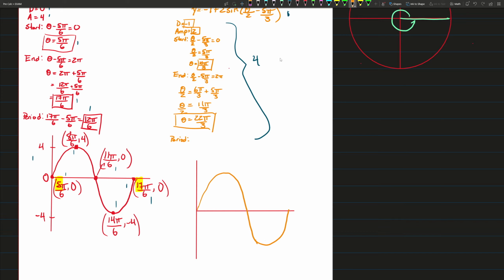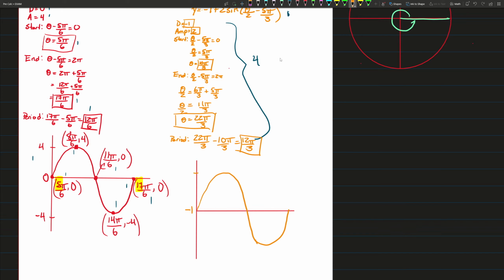Which means the period is going to be 12 pi over 3. So 22 pi over 3 minus 10 pi over 3. So that's our period. Thank you. All right. So then we do the graph as normal, right? So our center line is going to be -1.